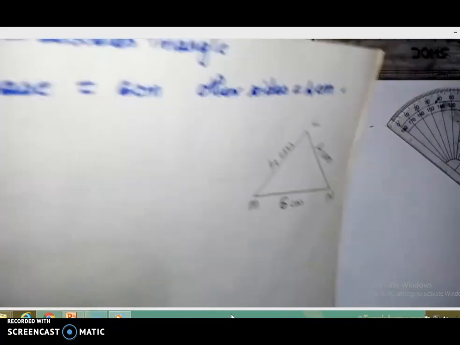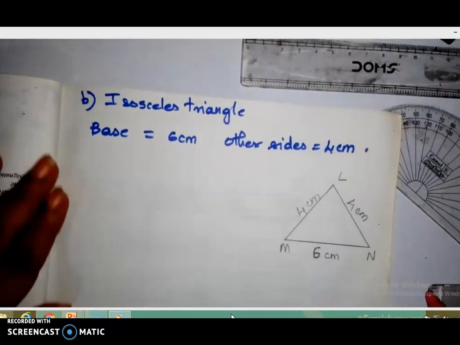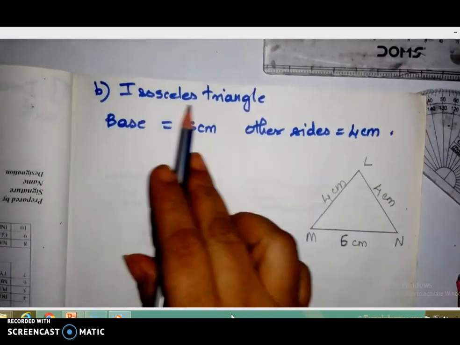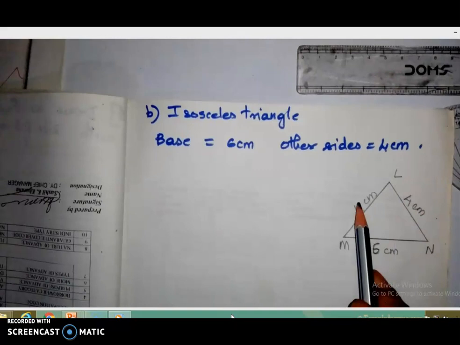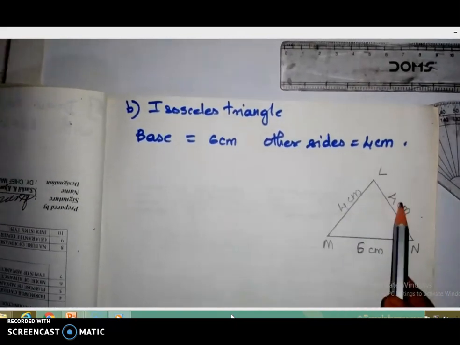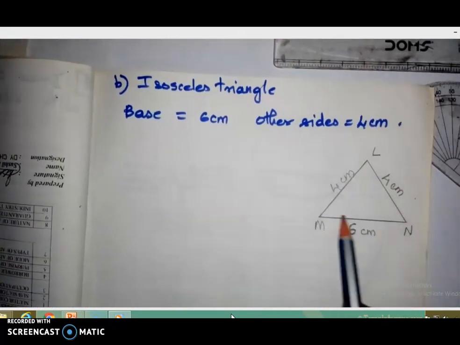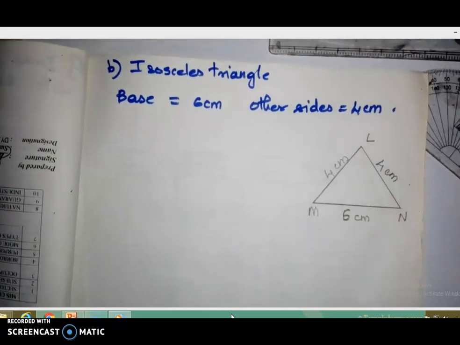Next will be the isosceles triangle. Now, as I told you earlier, in an isosceles triangle, two sides are equal. So we have taken those two sides as 4 centimeter and the base we will take as 6 centimeter.